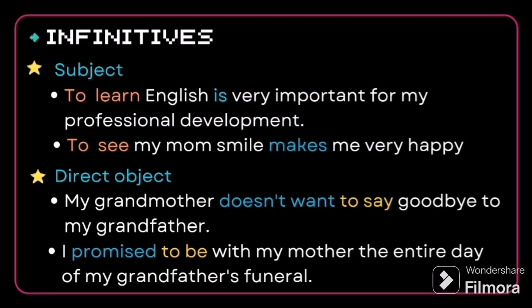Now, next example: I promised to be with my mother the entire day of my grandfather's funeral. I is the subject, promised is the verb, to be is the direct object.